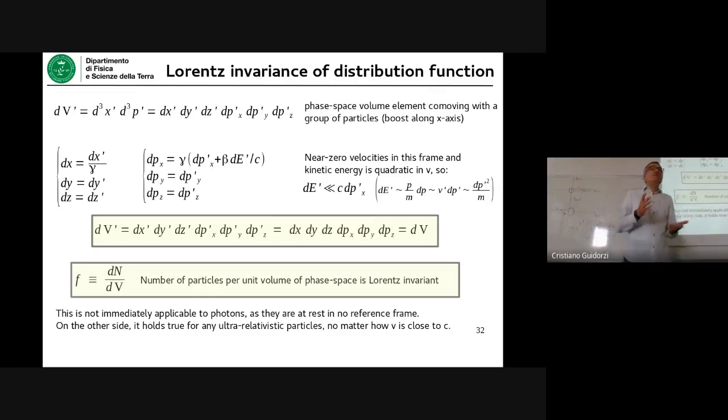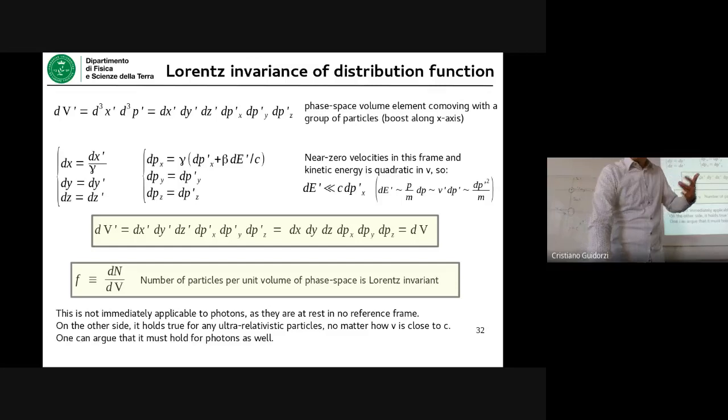Also, if you think of the formula which expresses the energy as a function of the momentum, when PC is much larger than mc squared, E is essentially PC, so the energy-momentum relation of a photon. So it is possible to argue that this property, the invariance of the distribution function, also works in the case of photons. It can be demonstrated.